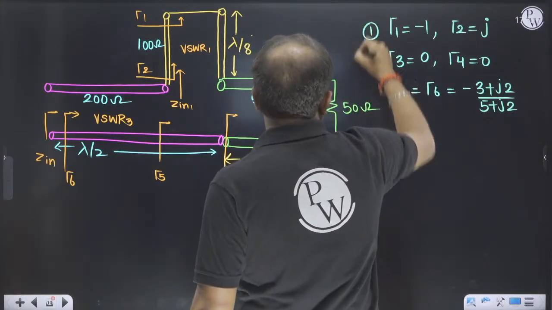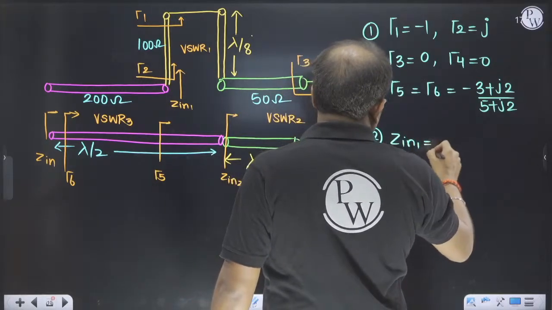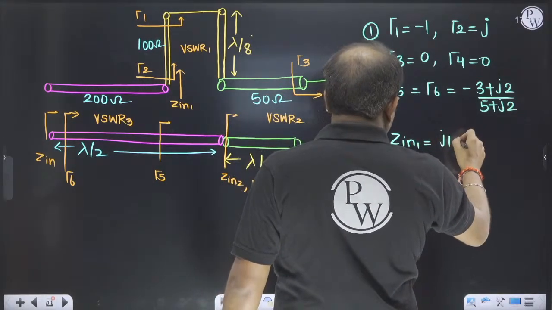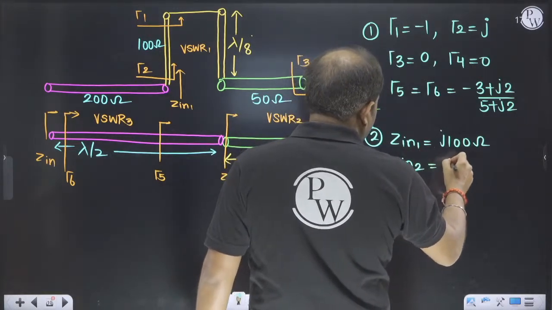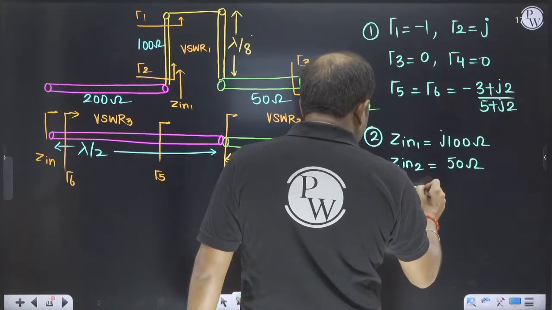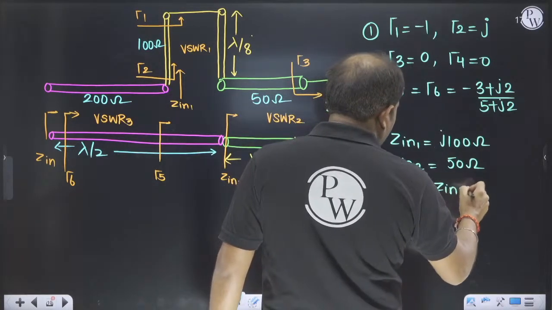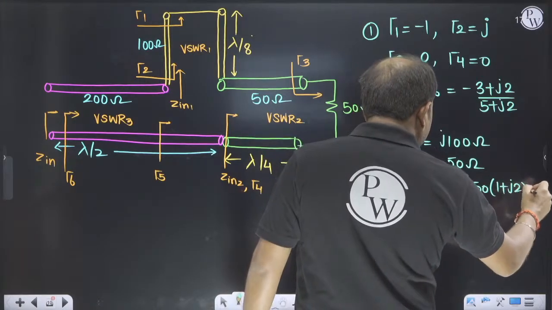Second is input impedance: Zin1 is j100, Zin2 is 50 ohm, and Zin3 is 51 plus j2 ohm.